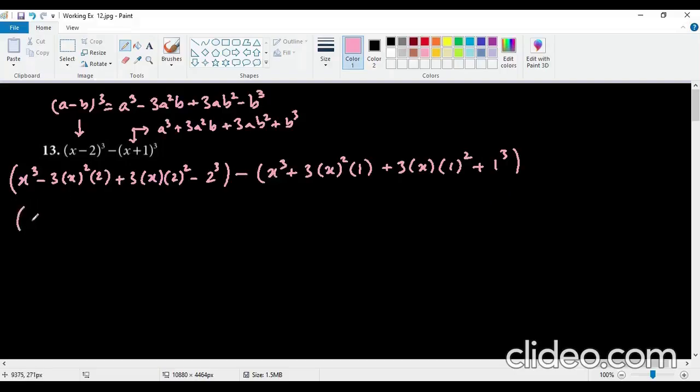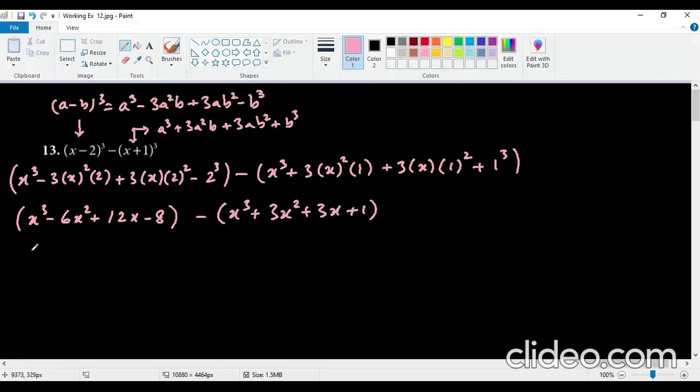Now simplifying within the bracket itself, x cube minus 3 times 2 is going to be a 6, x square plus 3 times 4 is going to be a 12, x and minus 8 from the first bracket, negative x cube plus 3x square and plus 3x plus 1.